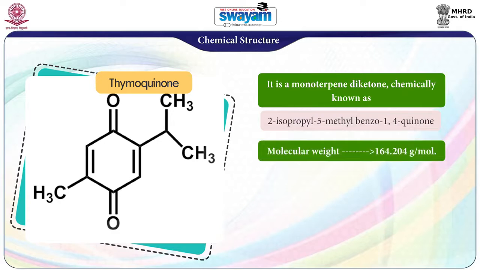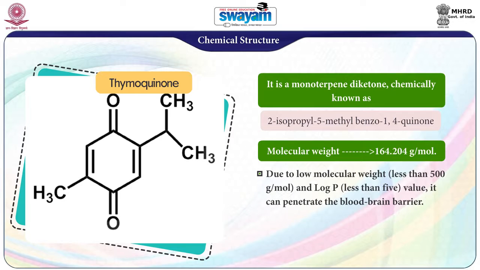Its molecular weight is 164.204 gram per mole. Due to low molecular weight, that is less than 500 gram per mole, and log P less than 5 value, it can penetrate the blood-brain barrier. Thus, it might be suitable for clinical trials.